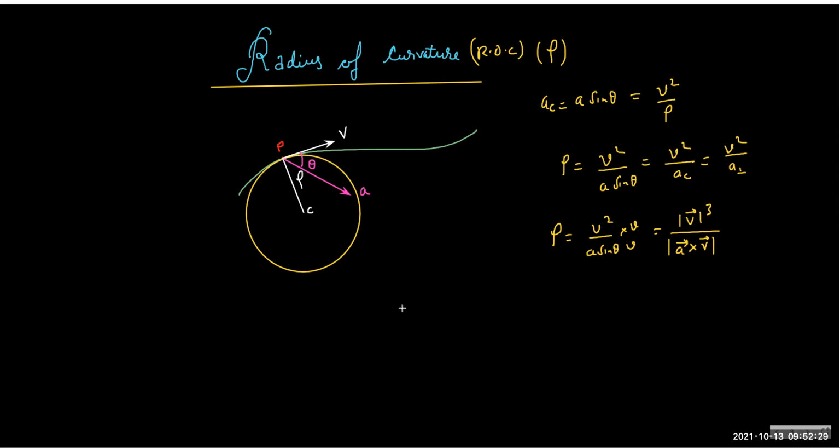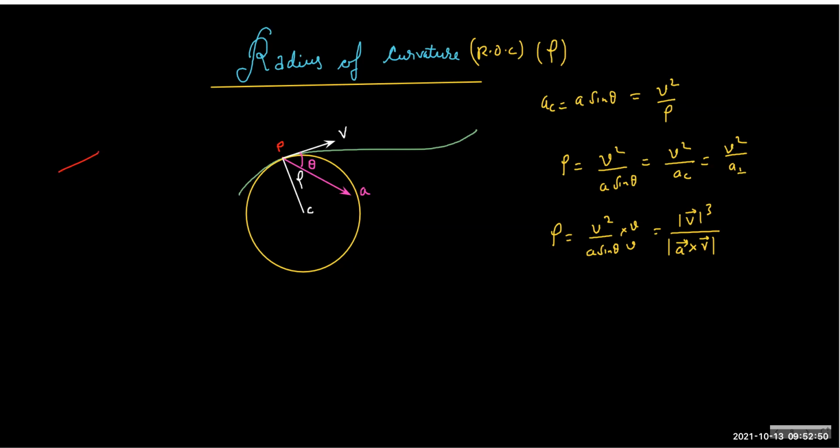So whether you see the path as a circle or not doesn't matter. Anytime we have v and a, if I draw some random velocity and acceleration vector, say this is v, this is a, the component that is at right angle to v is always ac, no matter how arbitrary the diagram is.